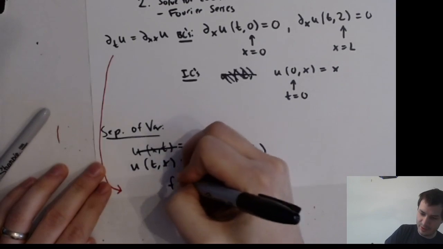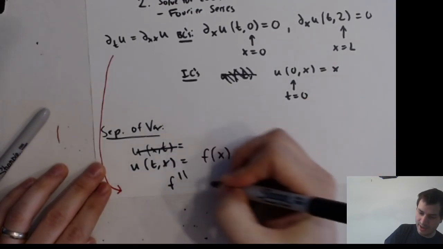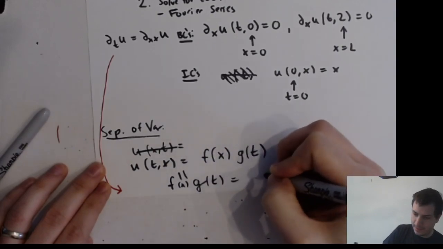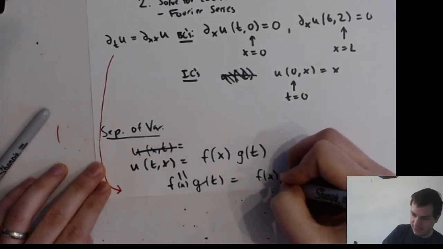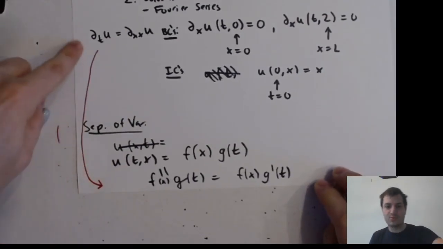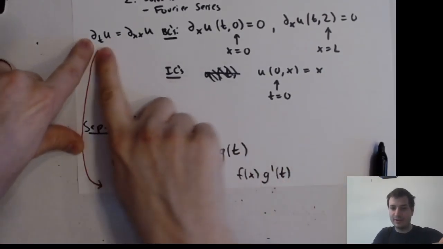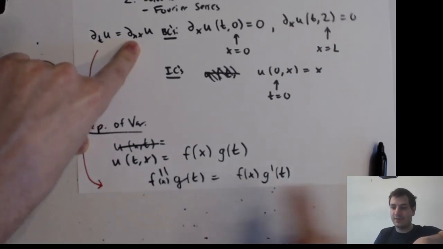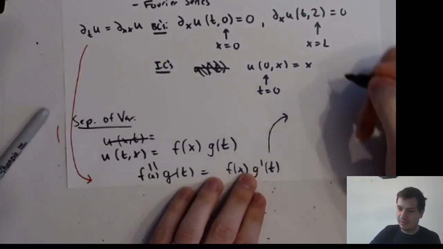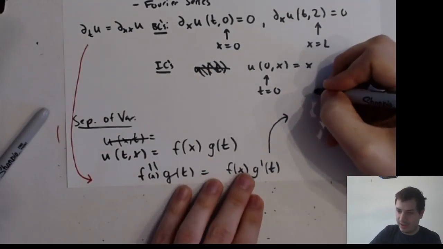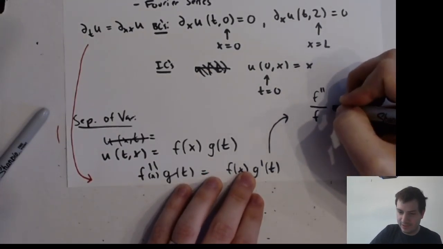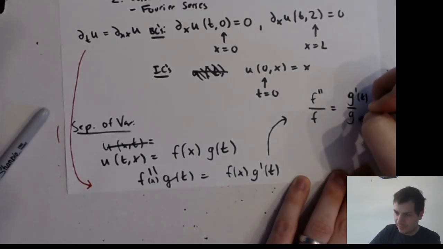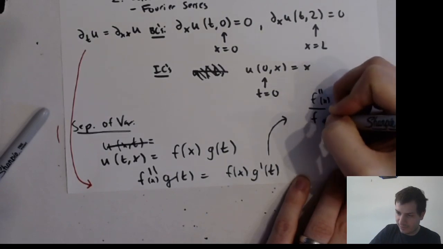You get f of x times g prime of t equals f double prime of x times g of t. There's one time derivative that's here, that's the g prime. There's two x derivatives that's here, that's the f double prime. And this means that f double prime over f is equal to g prime over g. These are functions of time. These are functions of x.